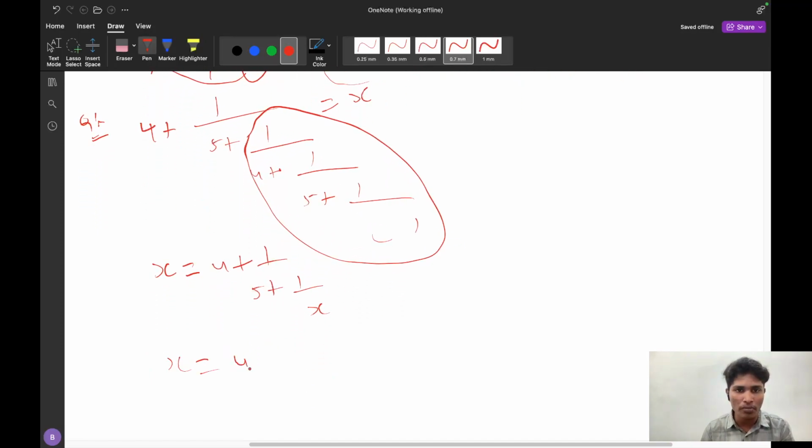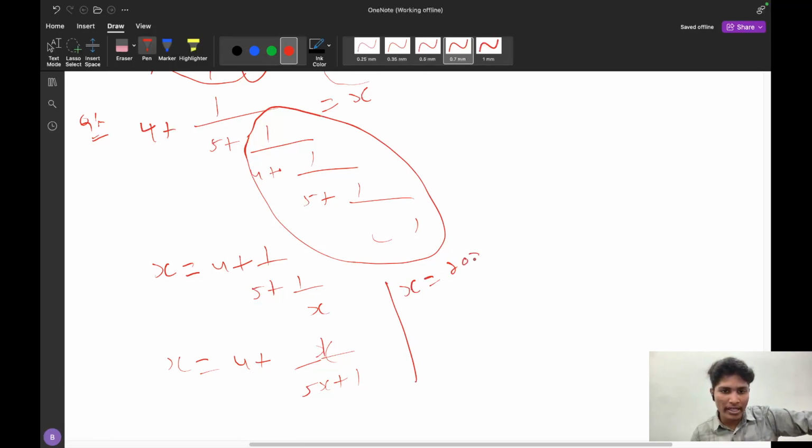So x equal to 4 plus 1 divided by x divided by 5x plus 1. If I solve, what will I get? I will get x equal to 20x plus 4 plus x divided by 5x plus 1. So 5x square plus x equal to 21x plus 4.